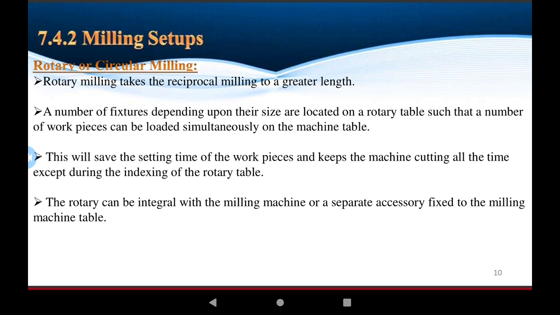As well as, to rotate the workpiece, a number of fixtures depending upon the size are loaded on the rotary tables. Okay, such that a number of workpieces can be loaded simultaneously on the machine tables. Suppose that one job is loaded on the table, and the machine performs the operations.